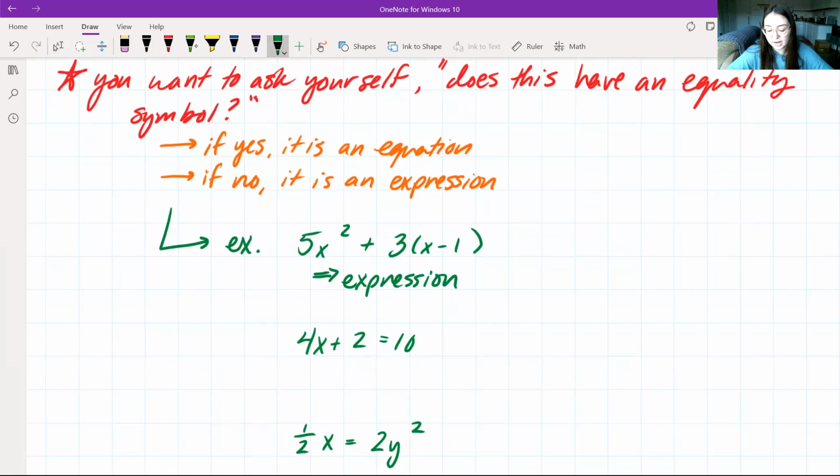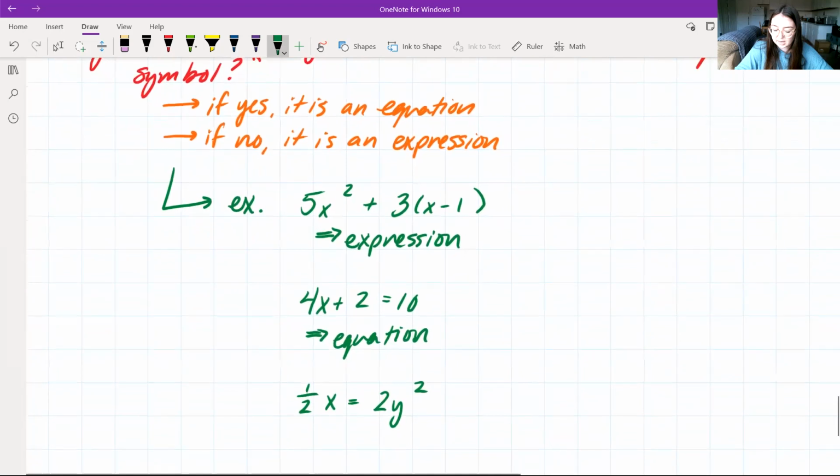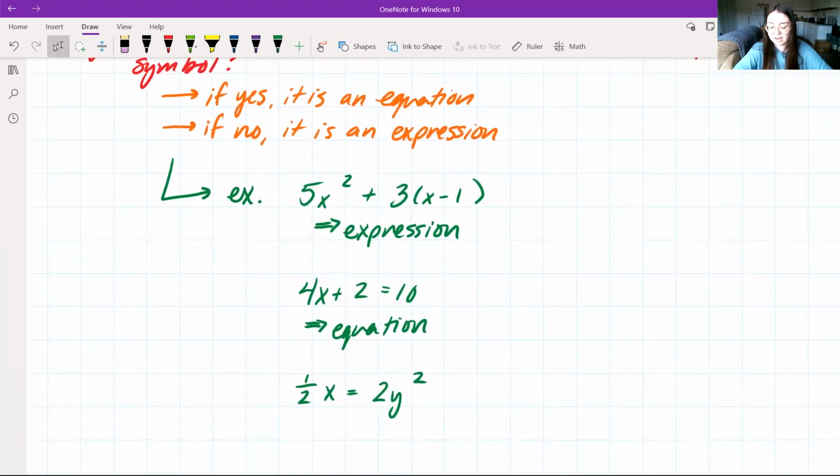Then we have 4x plus 2 is equal to 10. Does this have an equality symbol? Yes. We have an equality symbol, which means that 4x plus 2 is equal to 10 is an equation. Then lastly here, we have 1/2 x is equal to 2y squared.